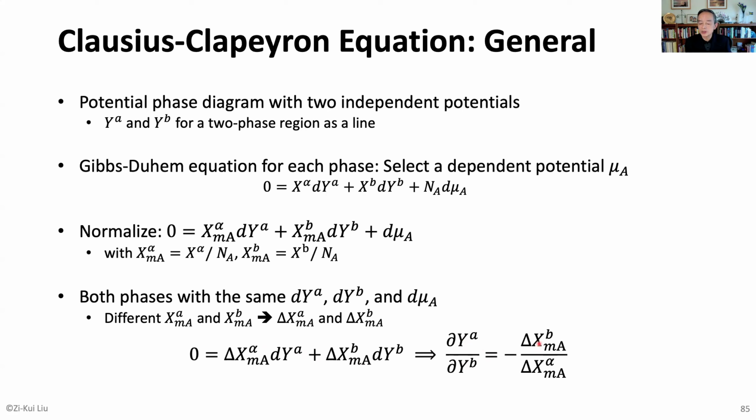In the one component system, there is no delta here. In one phase, so it's a one phase region, the potential derivative is also this formula, but there's no delta. But now because it's for two phase equilibrium, we have the delta, the difference between the two phases for this molar quantity XA and the molar quantity XB.